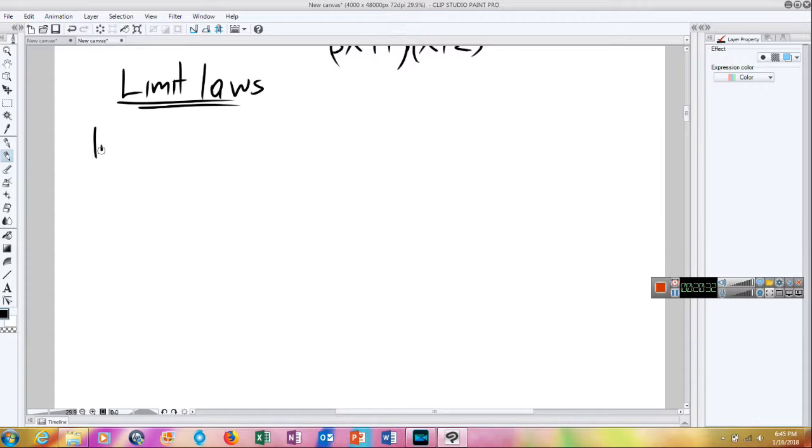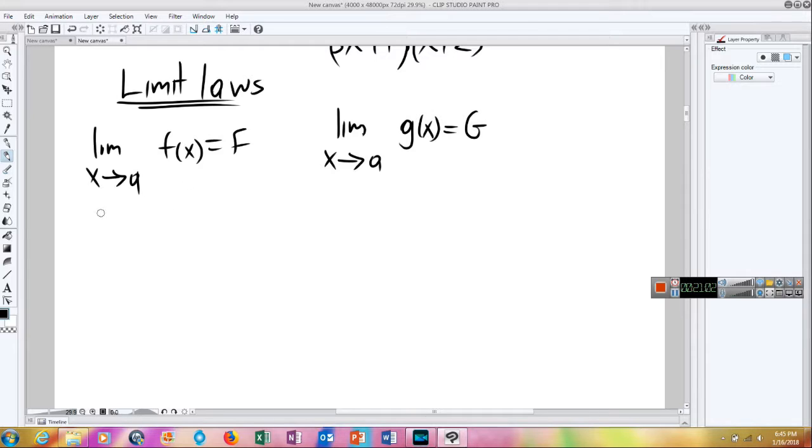We have the limit where x tends to a for the function f is equal to the limit of f, and we have the limit where x tends to a for the function g of x is equal to the limit of g.